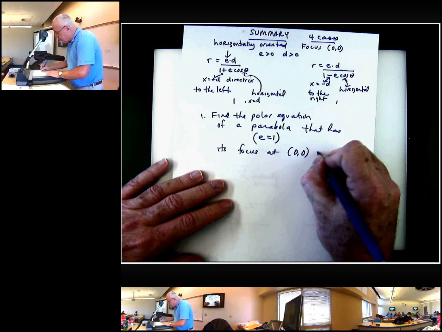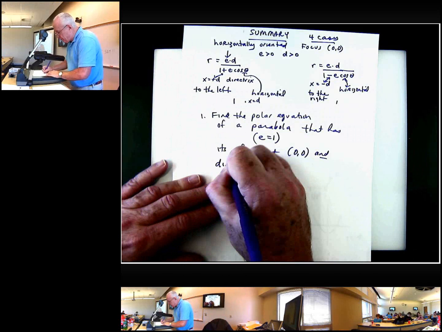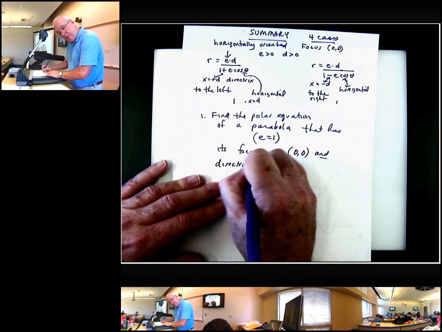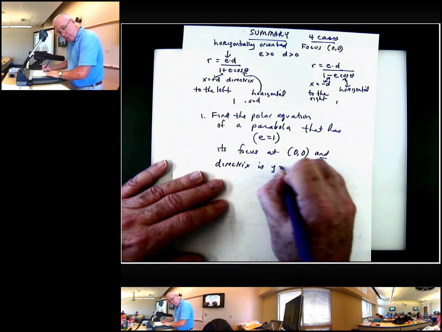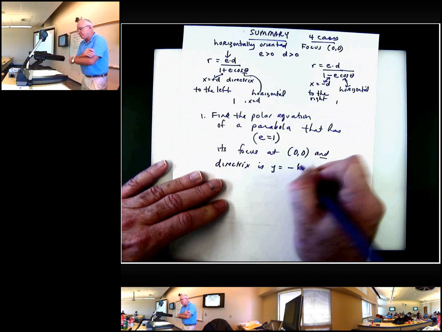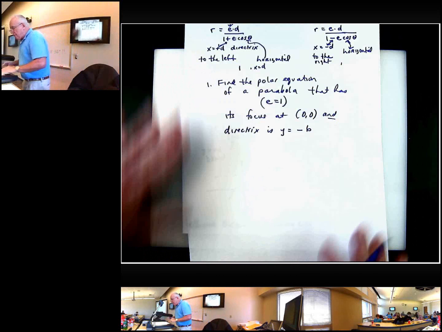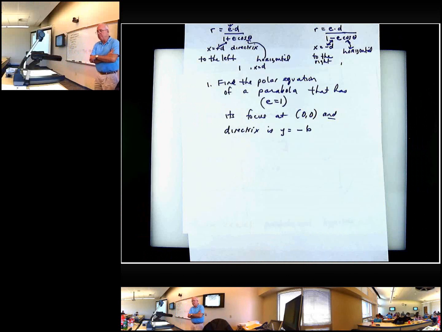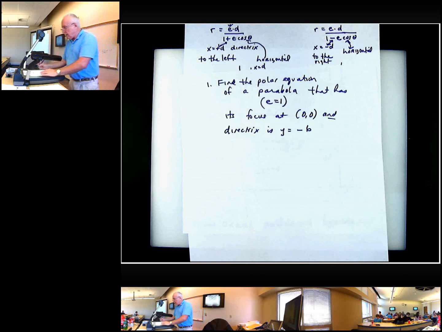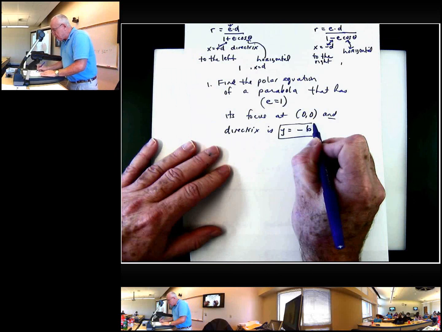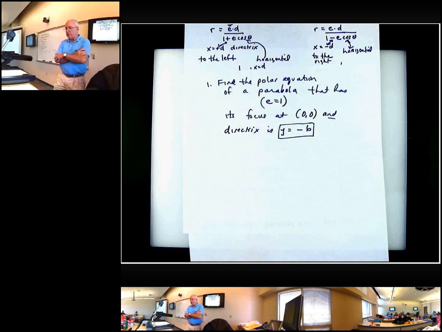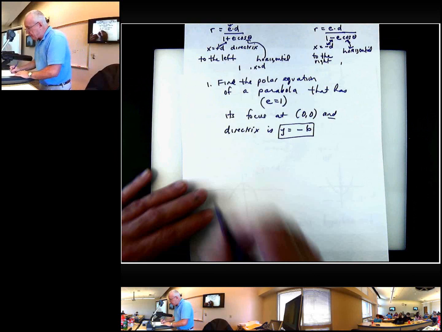And the directrix is y equals negative 6. So we have to pick which one we're going to have here. Now, this directrix is y equals negative 6. So let's try to see if we can build this thing.